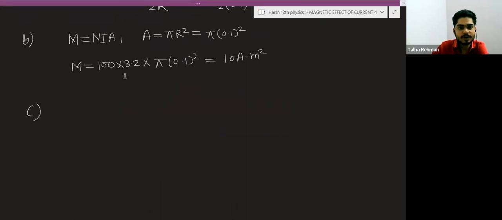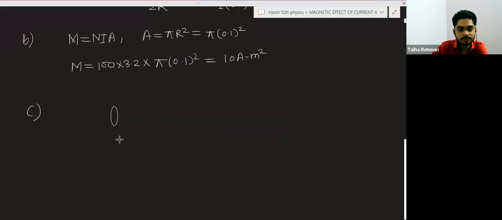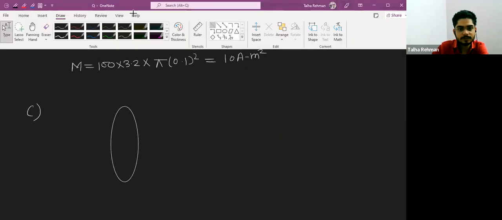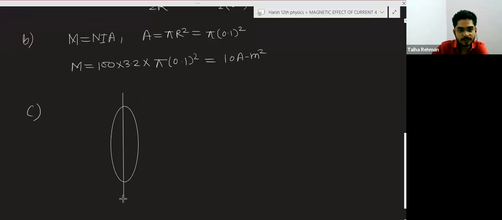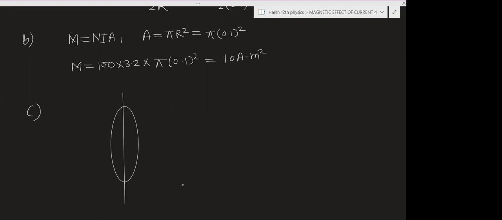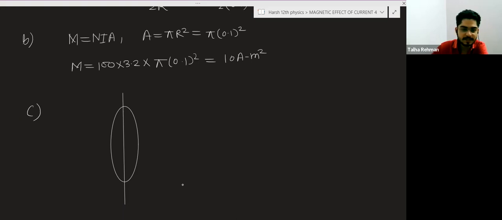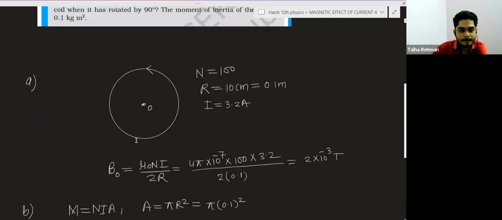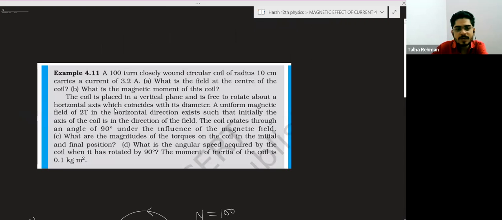We will have a coil like this in a vertical plane, and suppose this is the horizontal axis of the coil. The coil is rotating about this axis, and this axis also coincides with its diameter.